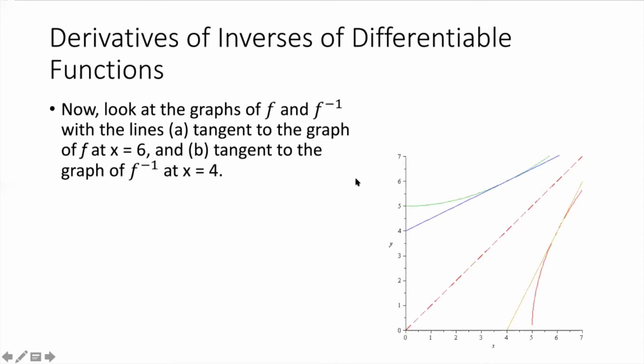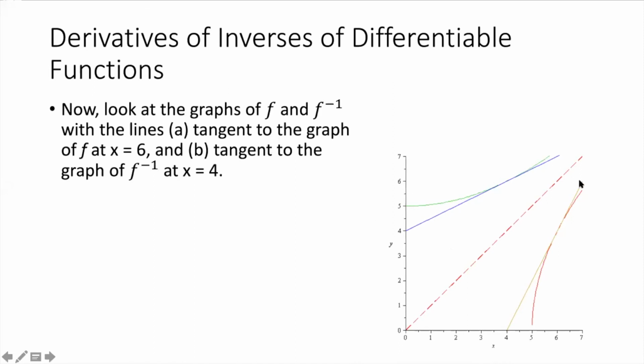So now we're looking at the graphs of f and f inverse with the lines tangent to the graph of f at x equals 6. That's this line right here. And also tangent to the graph of f inverse at x equals 4. That's this line here.